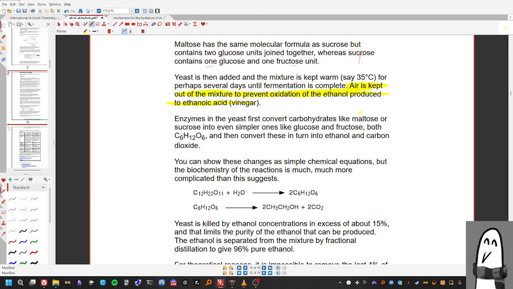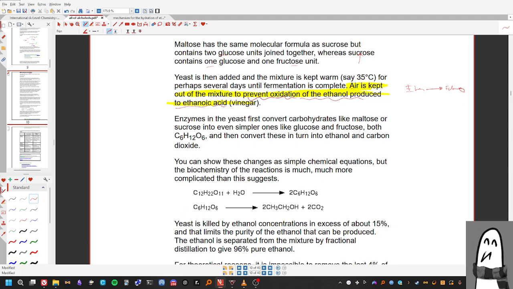If it isn't, then the ethanol produced would go to ethanoic acid, which is a carboxylic acid.